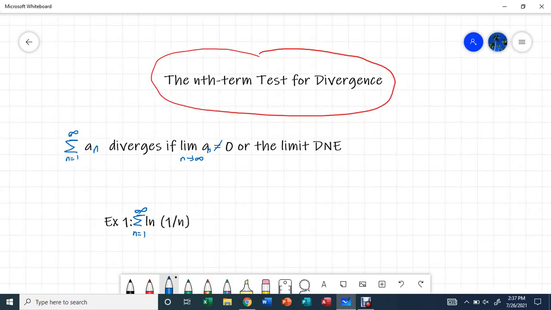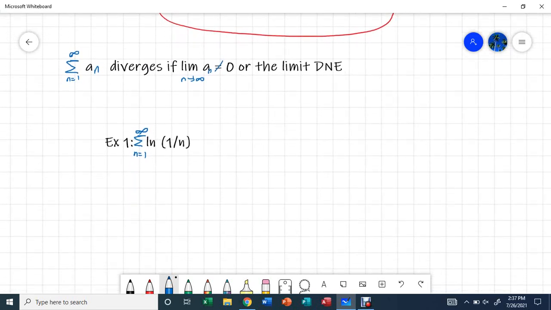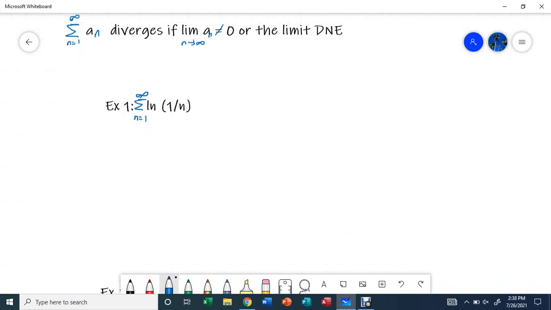So the first example is the series natural log of 1 over n. Let's find out the limit of natural log of 1 over n as n goes to infinity. We know the limit of 1 over n as n goes to infinity is 0.